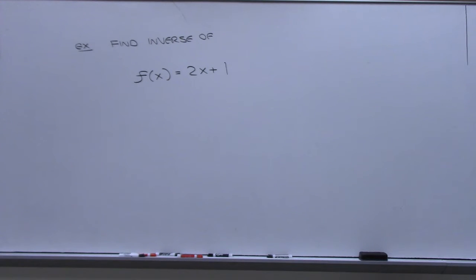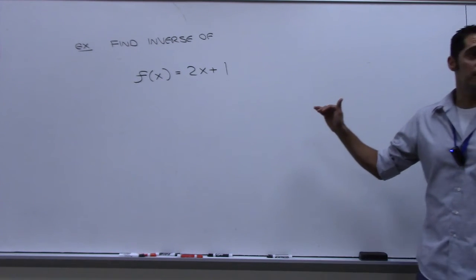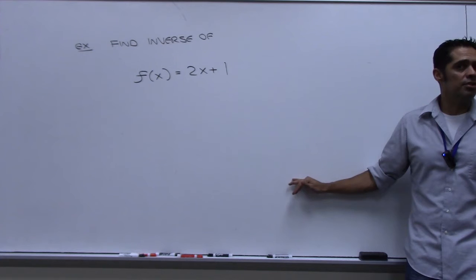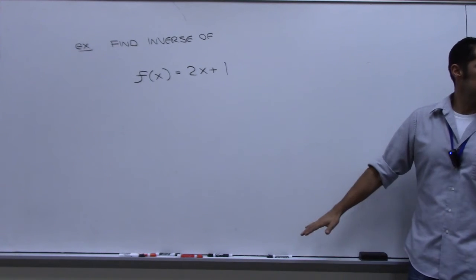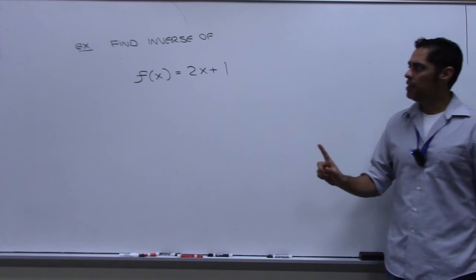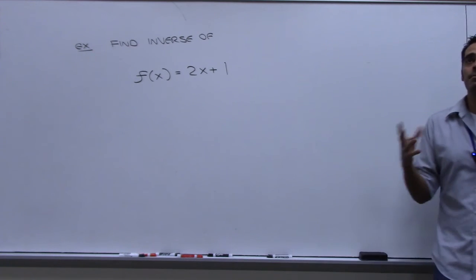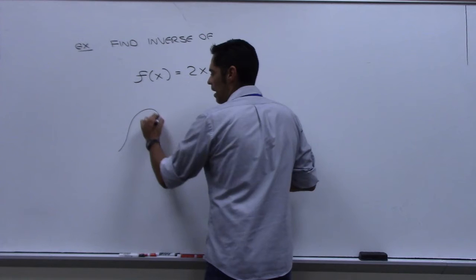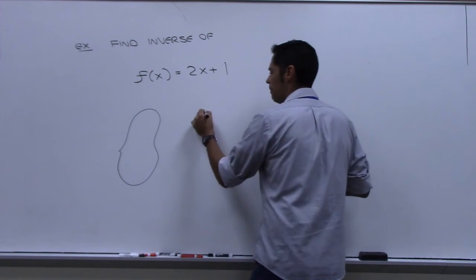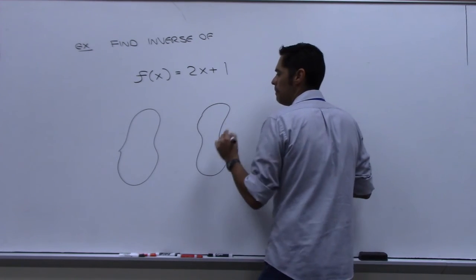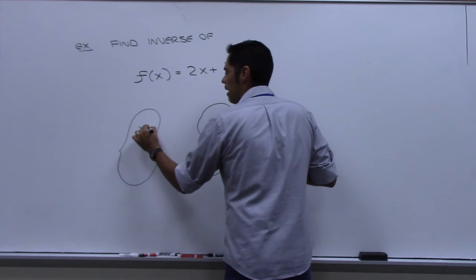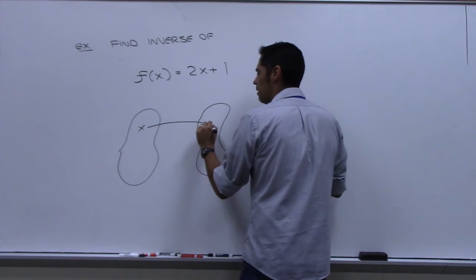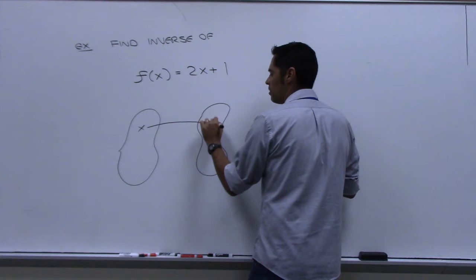I'm going to give you a set of steps, a procedure as to how to find the inverse of a function. Step 1, step 2, step 3, so on and so forth, all right? But before I give you the procedure, I just want you to get an idea of why the procedure is done, like why we do it. Okay, in our picture, do you agree that x gets spit out over here as f of x, right?